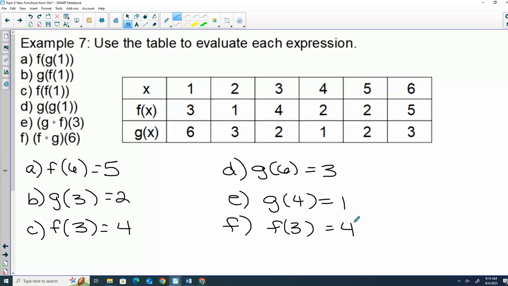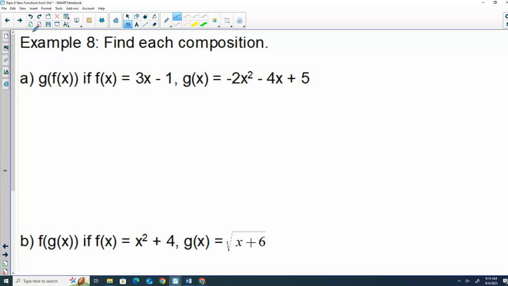Let's try a couple more from the equations, because that's how we will encounter them most often, plugging things into our equations. So if I asked for G of F of X here, F is 3x minus 1. If I plug that into G, what's going to happen?